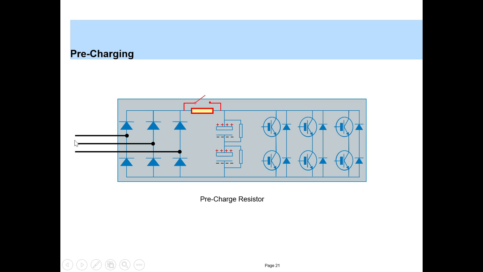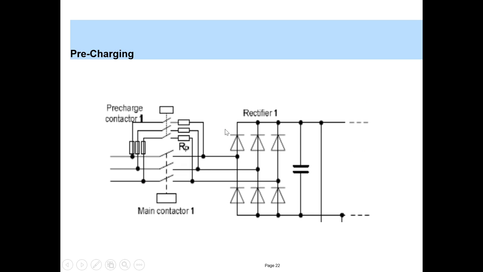Hence what we do is, there is a resistor. When the supply is switched on for the first time, the path is taken through the resistor, so that the surge of current is reduced, and gradually the capacitor charges, and when the DC link capacitor is charged, a relay is operated and this resistor is bypassed. Here is another circuit diagram of how pre-charging is realized.